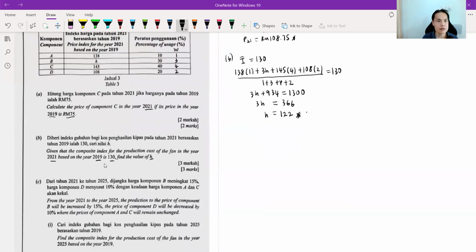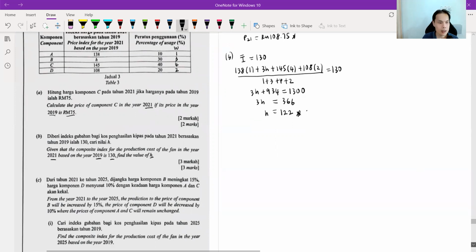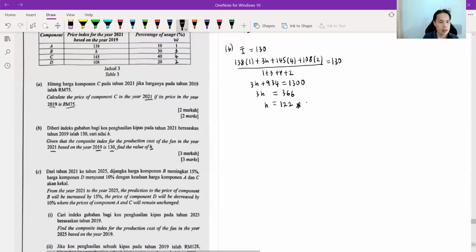From the year 2021 to 2025, this component B increased by 15%. Okay, maybe I write here, this is 2021 to 25. When it increased by 15%, the index is 115.